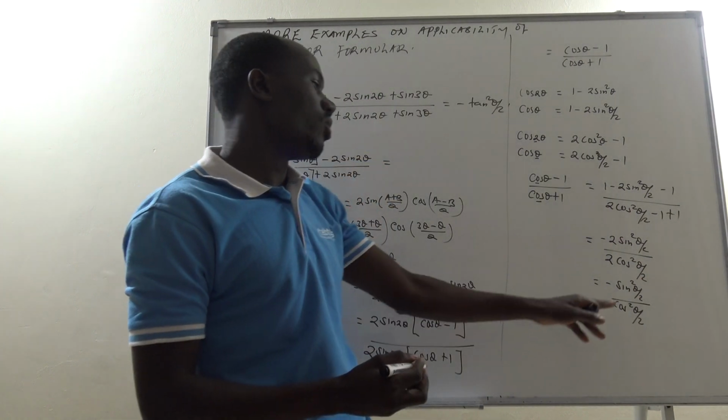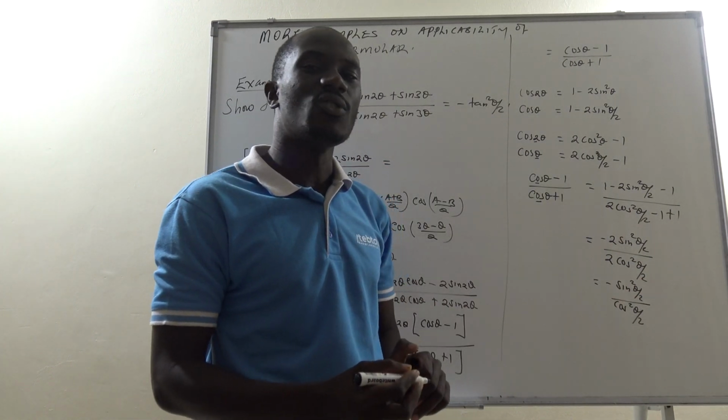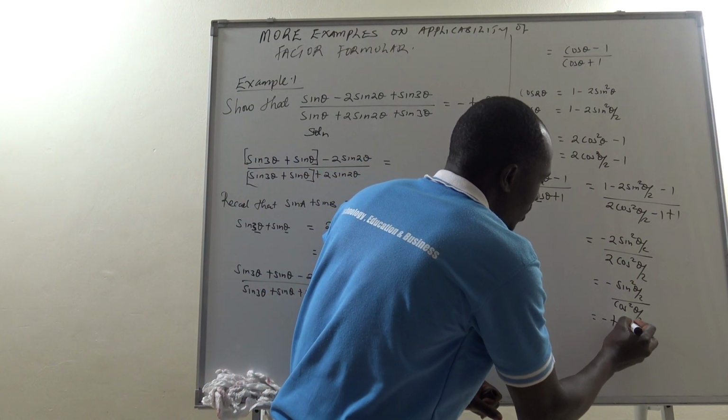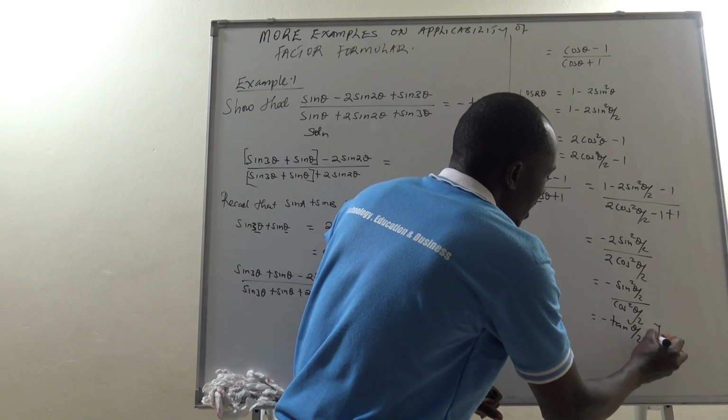Now, what do we know about sin over cos? We automatically come out with negative tan squared theta by 2, as required.